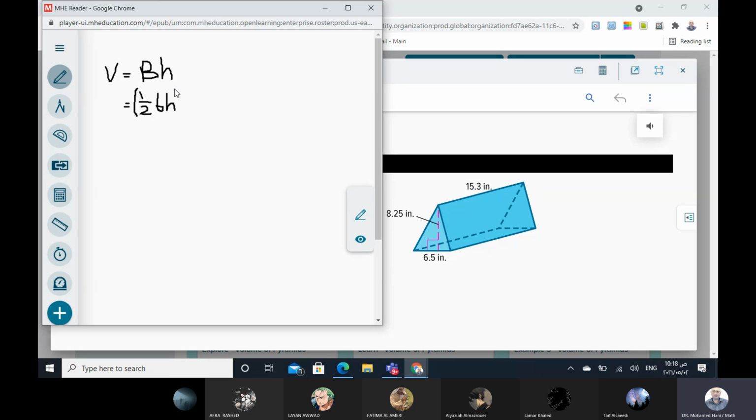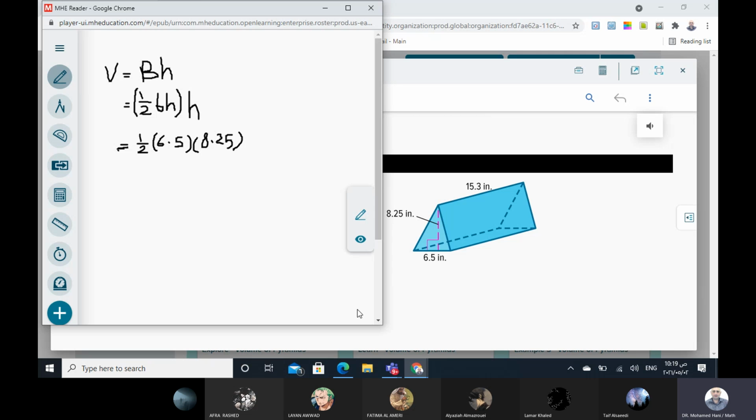Then times the height of the prism. So 1/2 multiplied by the base, which is 6.5, multiplied by the height, which is 8.25, multiplied by the height of the prism.